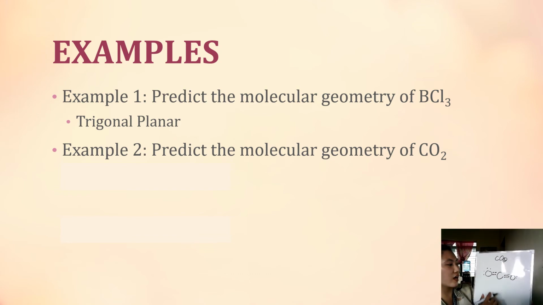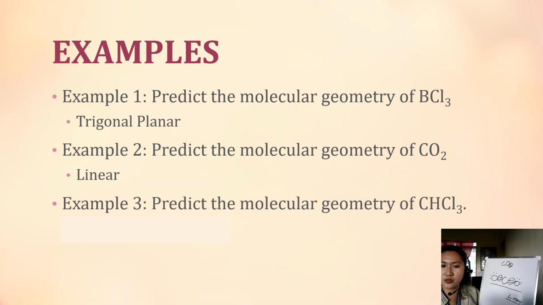So there are 1, 2, 3, 4 electron bond pairs. And the molecular geometry is linear. It is just lined up. If there is only one bond pair, it would be bent. But this one has two, so it will be linear. So its molecular geometry is linear. Let's check. Okay, linear.